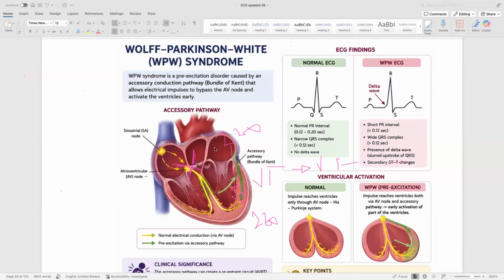So a single injection can kill the patient. So WPW syndrome, the treatment is a blocker, but we need to be sure that there is no atrial fibrillation. Clear, or should I repeat? All right.